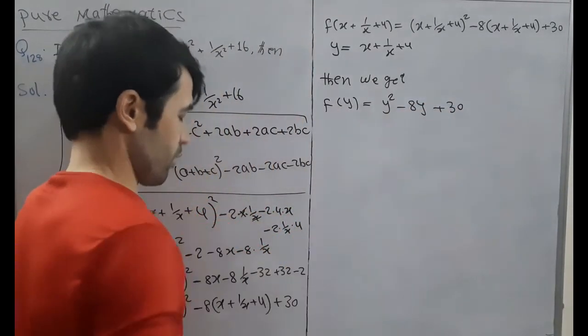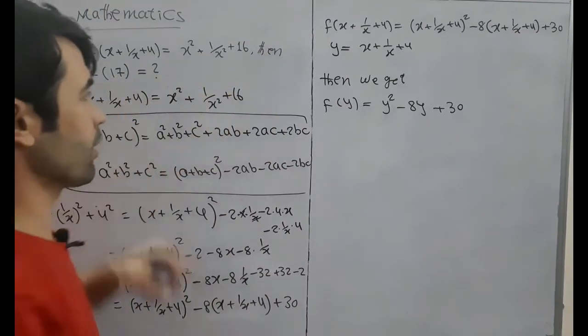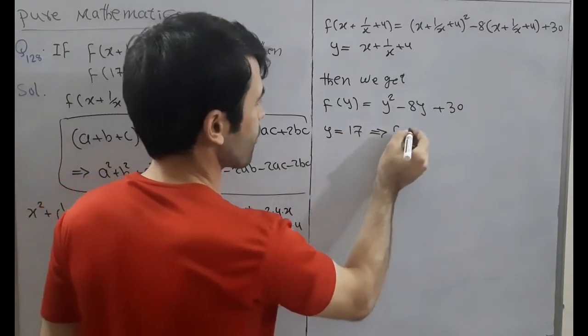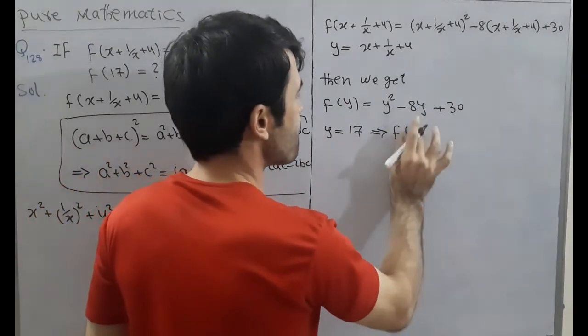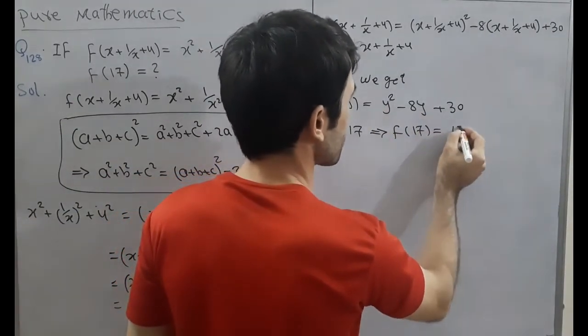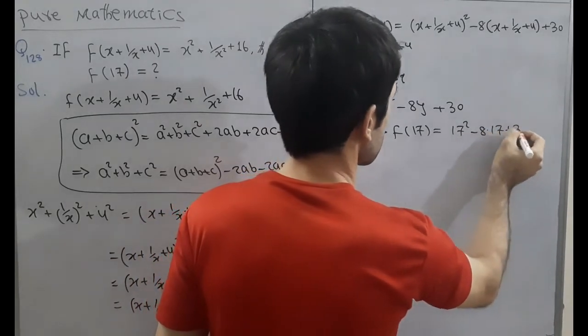Now if we want to find f of 17, y is equal to 17. This implies f of 17 is equal to 17 square minus 8 into 17 plus 30.